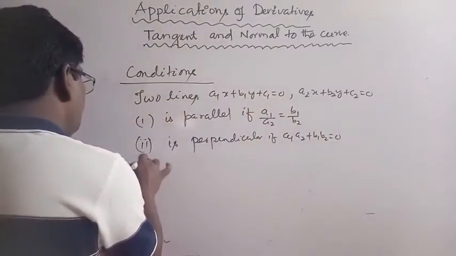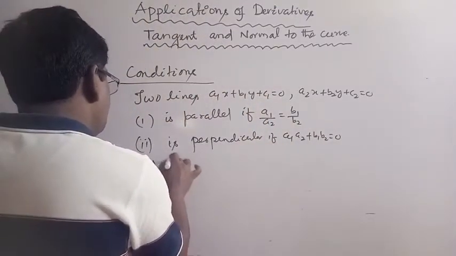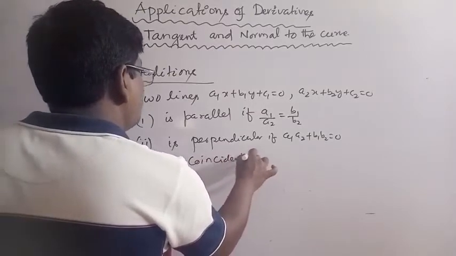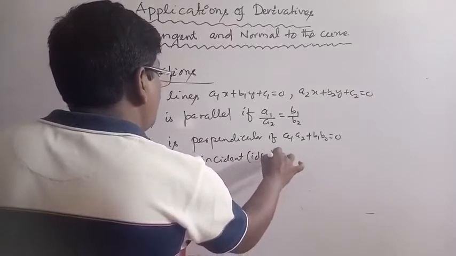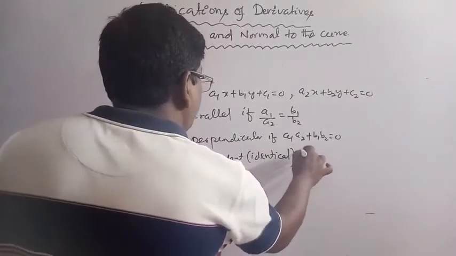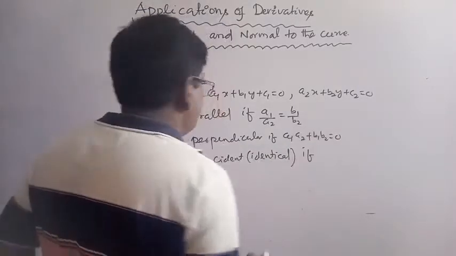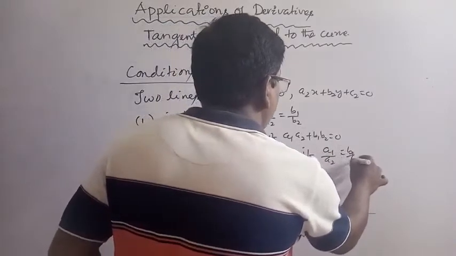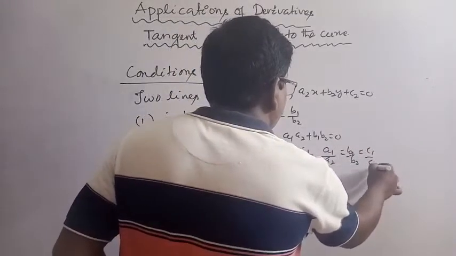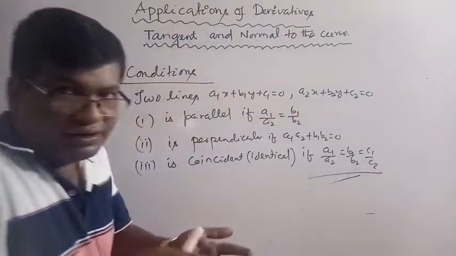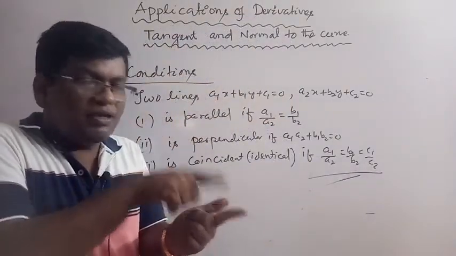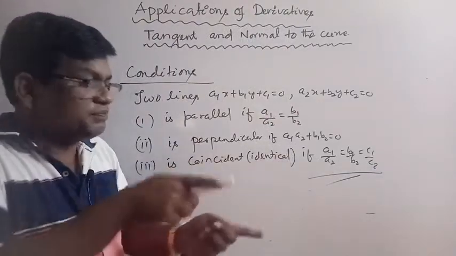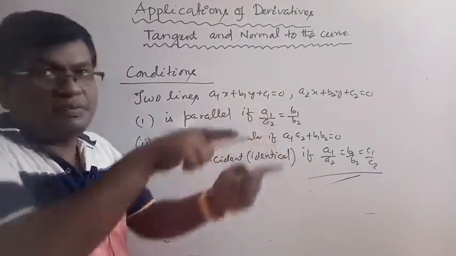Number three, coincident, meaning identical, if a1 by a2 is equal to b1 by b2 is equal to c1 by c2. The two lines are overlapping. This is the overlapping condition, and the earlier one is the parallel condition.